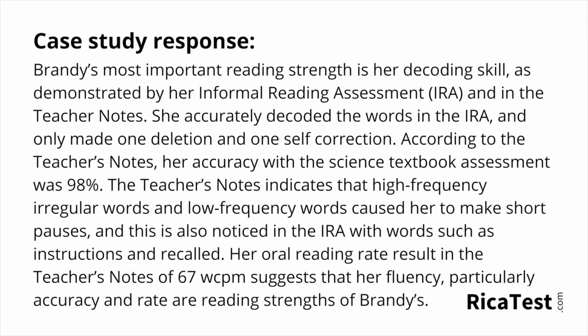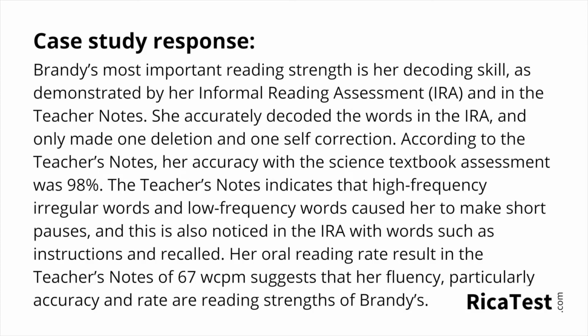She accurately decoded the words in the IRA and only made one deletion and one self correction. According to the teacher's notes, her accuracy with the science textbook assessment was 98%. The teacher's notes indicate that high frequency irregular words and low frequency words caused her to make pauses.